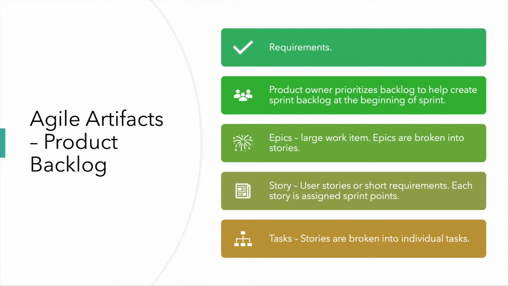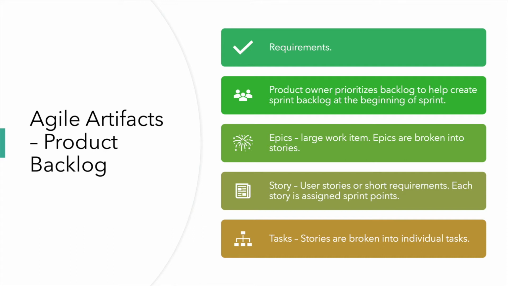They are then broken into stories, where each story talks about a user experience or a particular short requirement. It's in the form of: this particular user wants to do this particular thing and gets this particular benefit or outcome out of it. So user stories are simple statements.